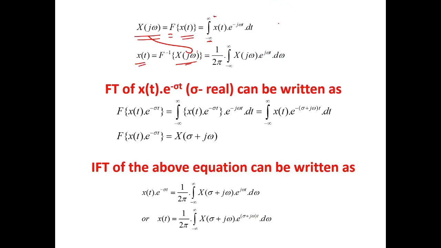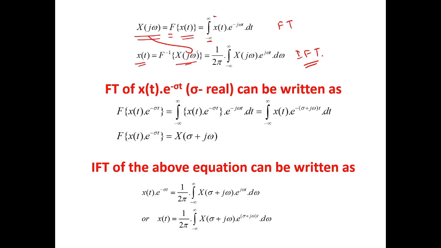Right, so this was the Fourier transform and this was the inverse Fourier transform. Now as I told, when there is an exponentially growing signal, that means it is growing, so it will not come within the bounds as time tends to infinity.